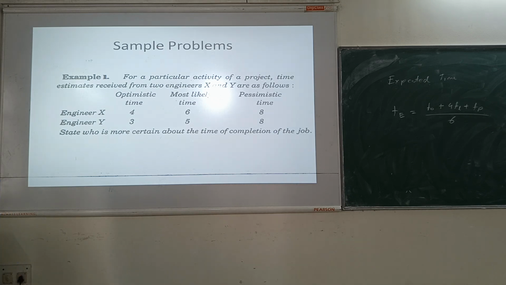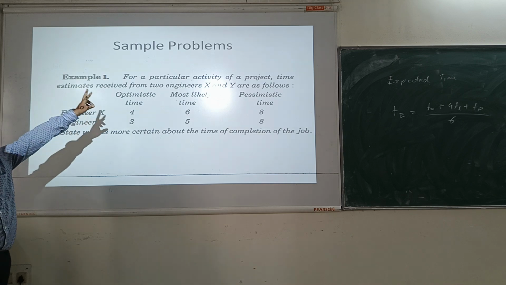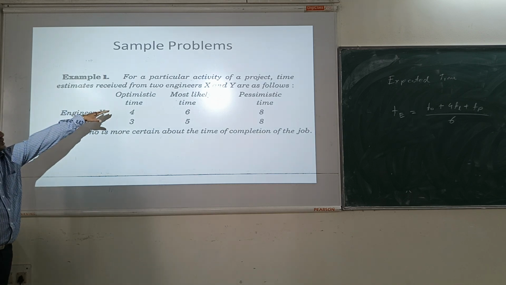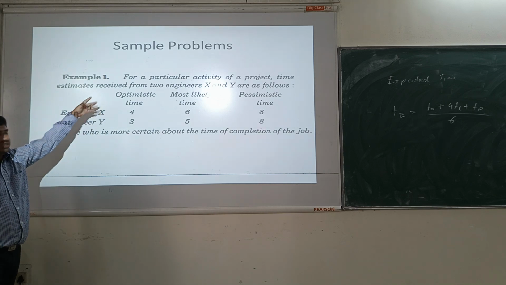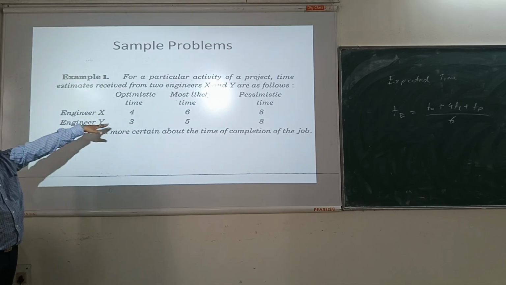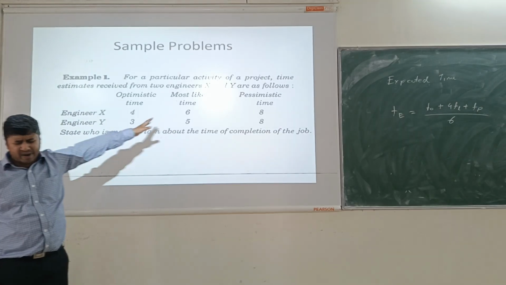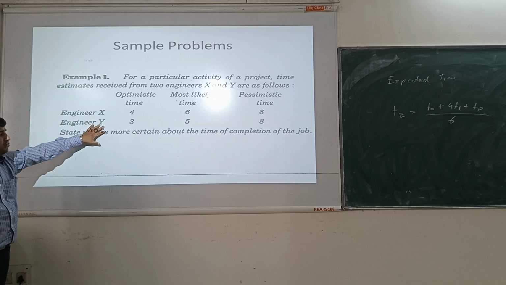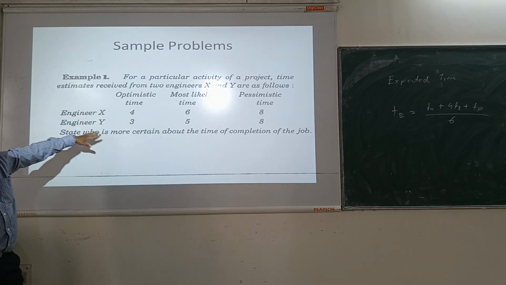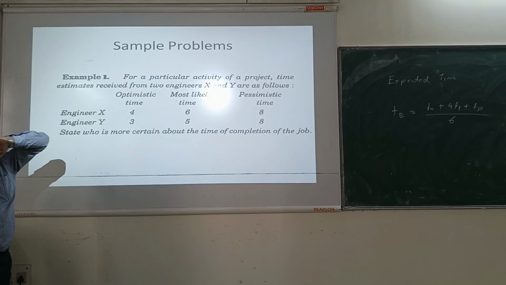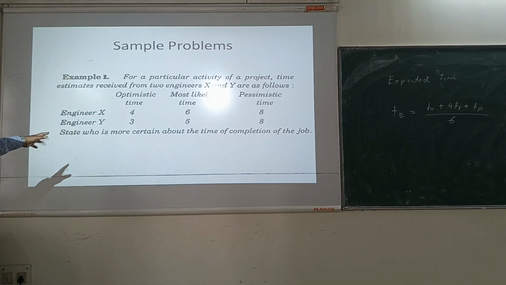Suppose there is an example which asks to find the time estimate of a particular activity of a project, given by two engineers, X and Y, who have given three time estimates each, and we have to find which one is more certain. By the formula of variance and standard deviation, you can easily find out.